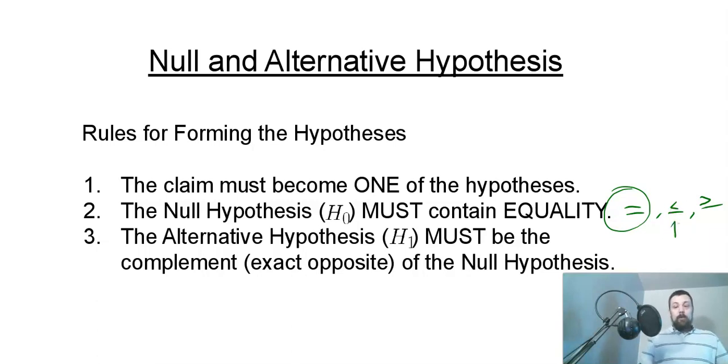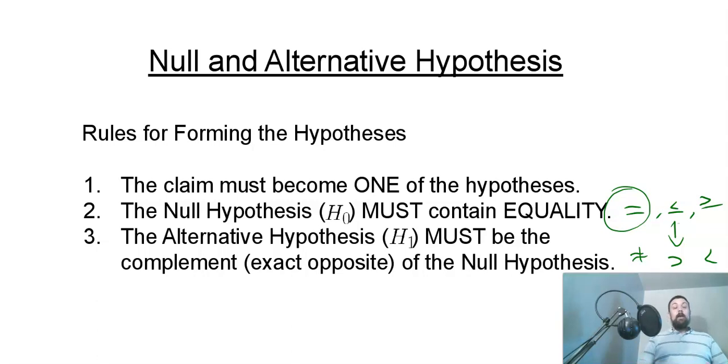So the opposite of less than or equal to is just greater than, no equals to. The opposite of greater than or equal to is less than. The opposite of equals to is not equals to, right? So the alternative hypothesis, being the opposite of the null, would have to be a statement without any equals to at all. And those rules will determine where the claim goes.